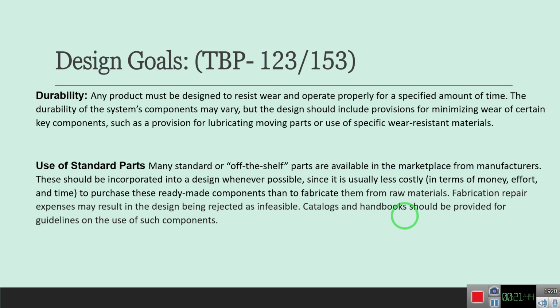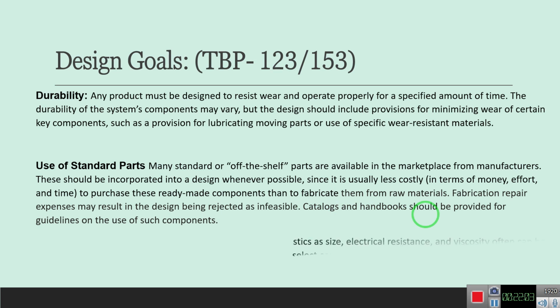It should not be that the part is available but I cannot replace it because I don't know the procedure for it. So the procedures and specifications should be mentioned in the catalogs and handbooks for such parts.